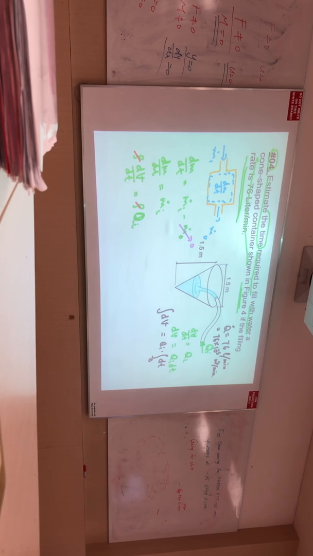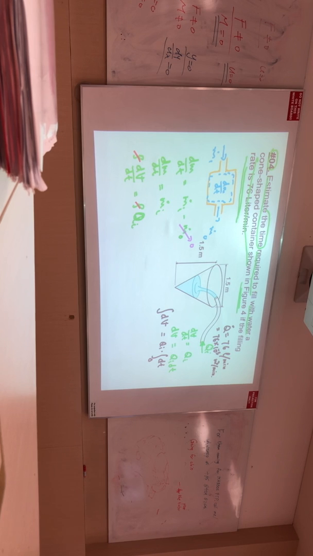When time equals 0, what is the total volume? There is no fluid, so the volume is 0 because there is no water. When time becomes total time, it is filled with fluid. What is the fluid volume? The volume of the cone.